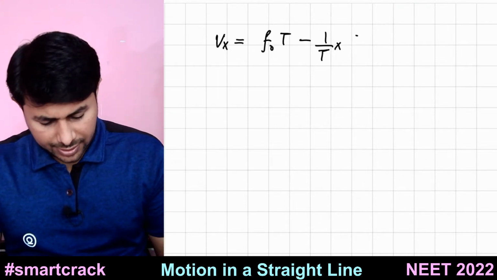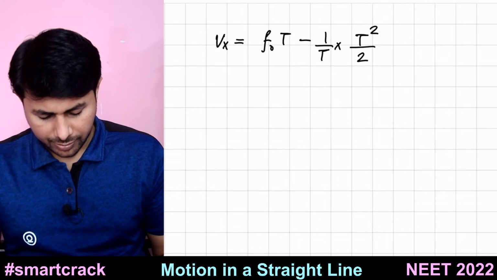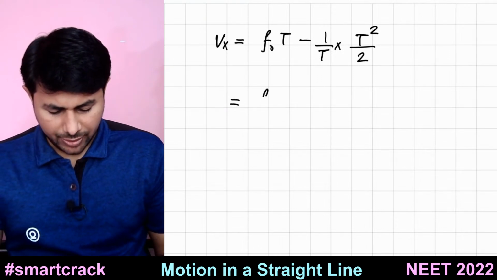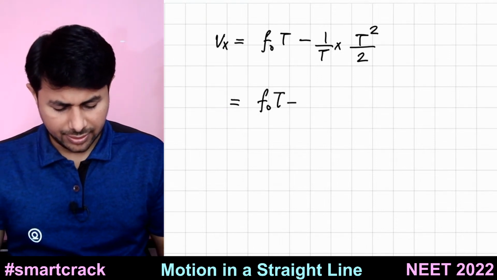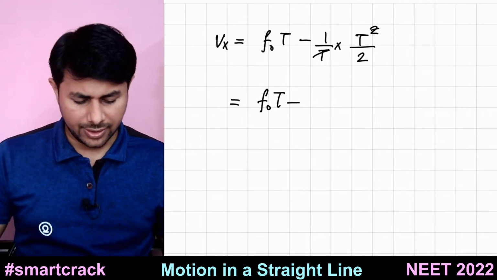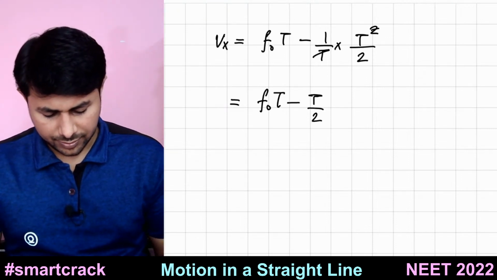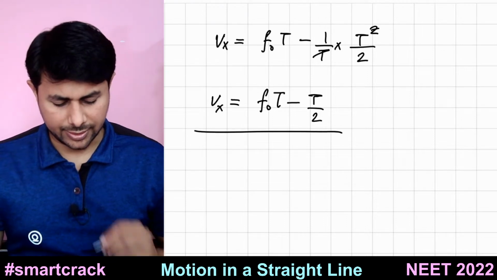So it is f naught into capital T minus, this thing gets cancelled, minus T by 2. So this should be the answer.